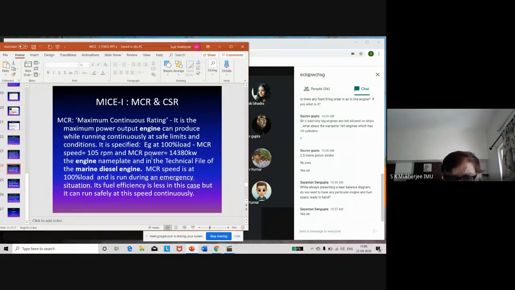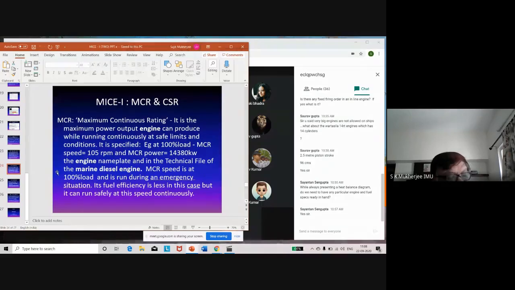The engine nameplate and the technical file of the marine engine will show these parameters. On the engine we have in our workshop, there is one plate, a label, which is riveted to the engine, and that indicates your MCR and the power available at MCR and the RPM available at MCR under normal conditions.